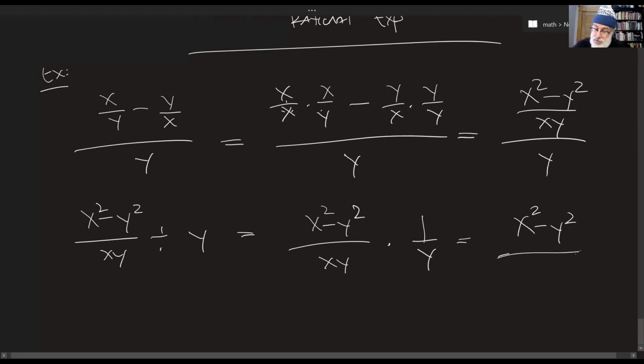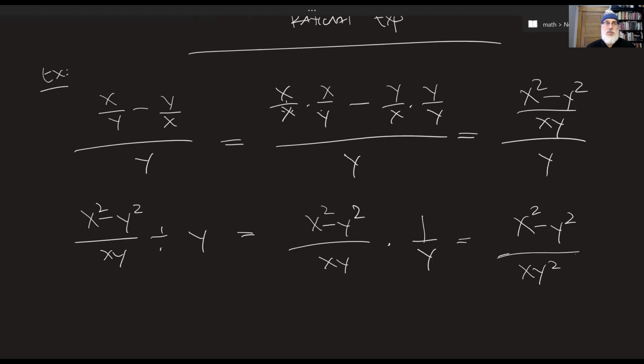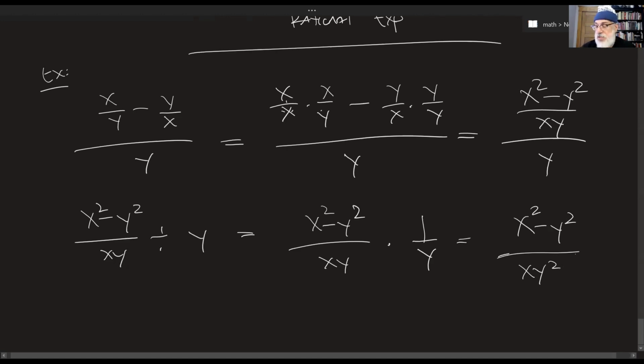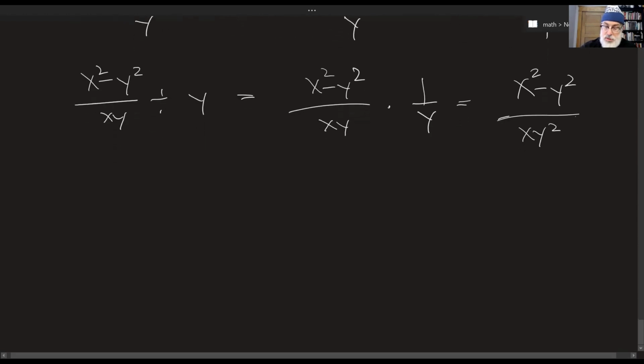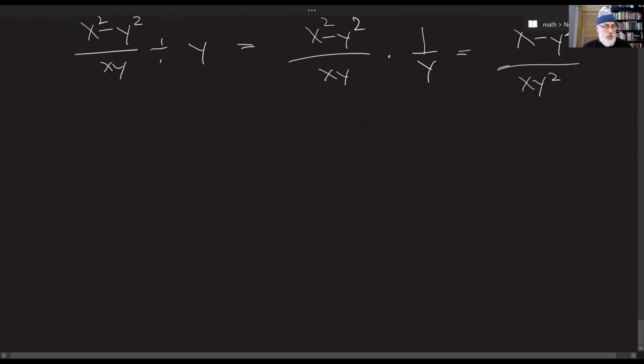And the denominator is xy times y, which gives us xy squared. So this expression that we started with doesn't look that much better, but at least we don't have fraction addition, subtraction on top, and then divided by some other variable. We have a single rational expression, which is a little bit easier. Yeah, so ugly. Let's do another ugly one.